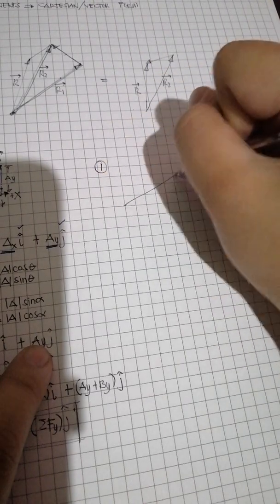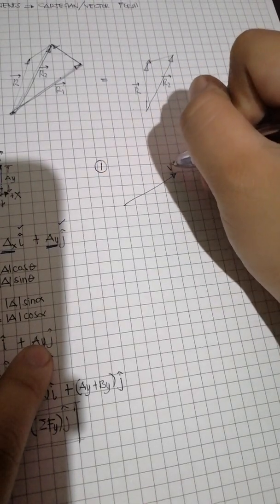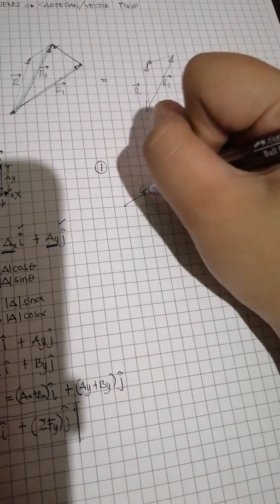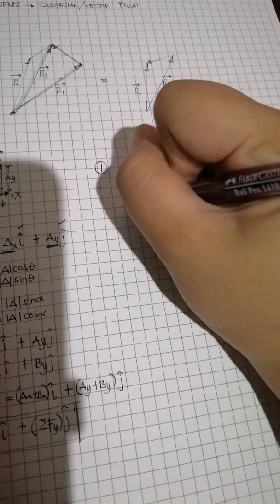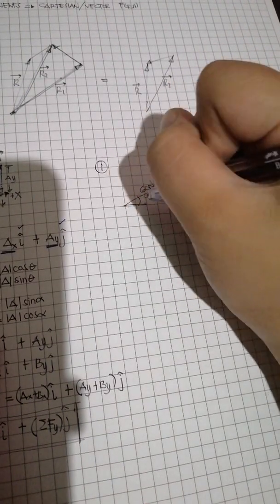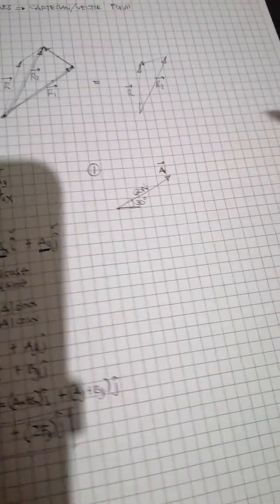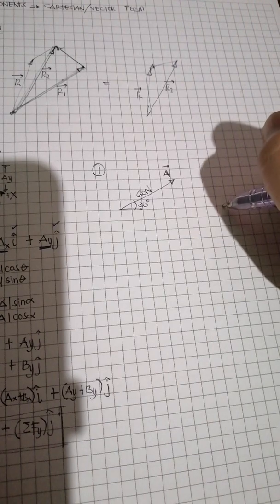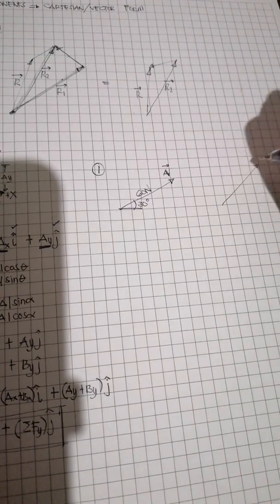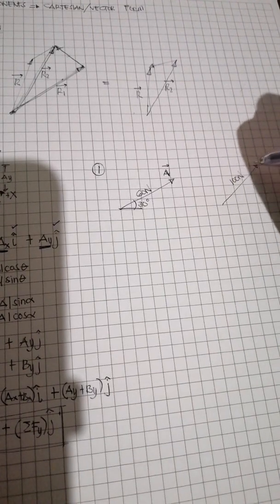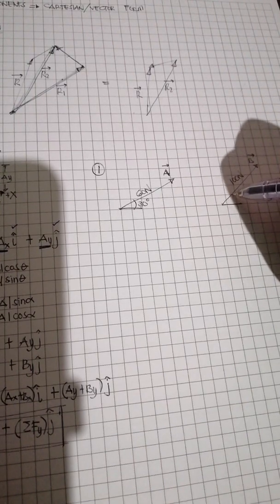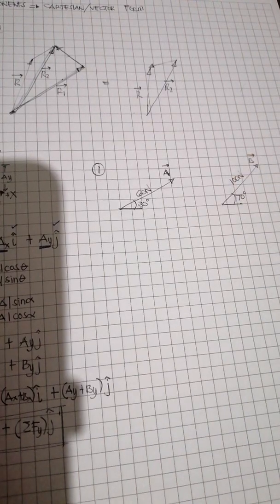We have vector A with a magnitude of 60 newtons and an angle with horizontal of 30 degrees. And then for another one, 100 newtons, this is for vector B, and it has an angle with the horizontal of 70 degrees.